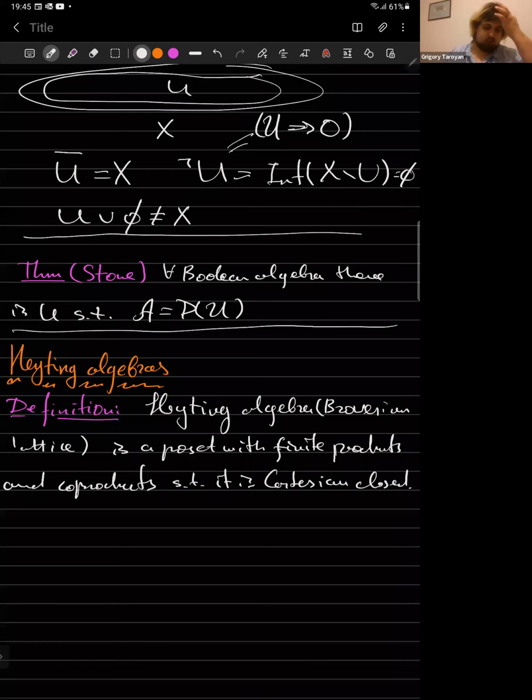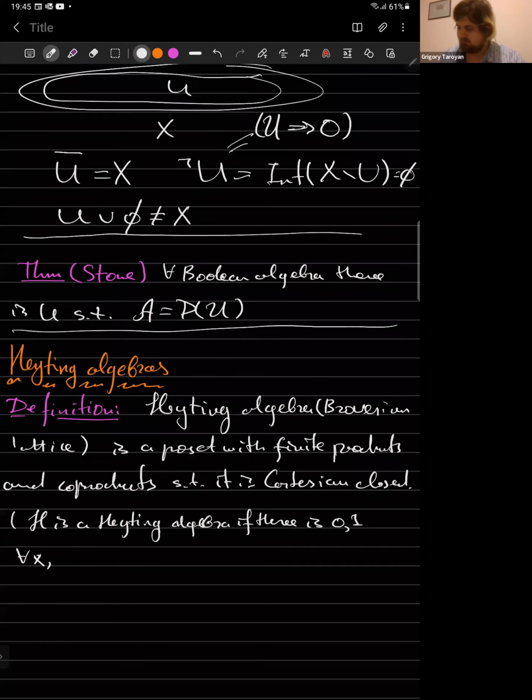That is, each pair of objects has an exponential object. So in other words, a Heyting algebra has 0, 1, and for each pair of objects.